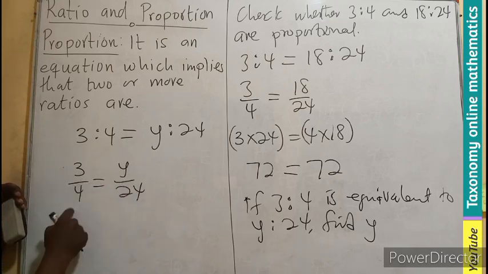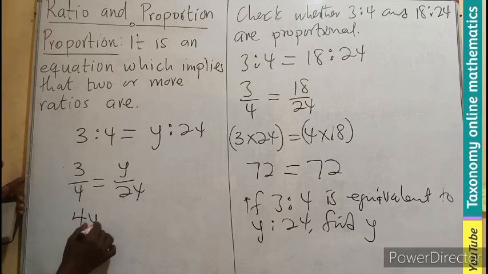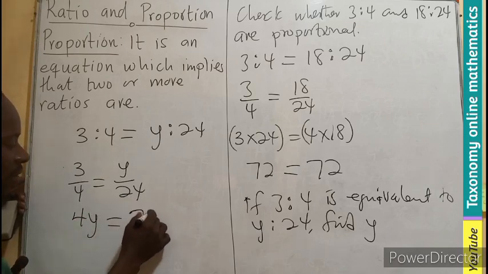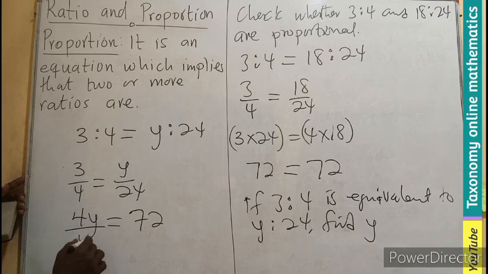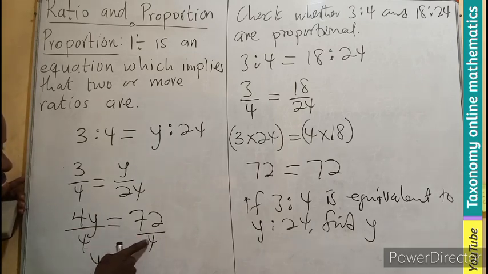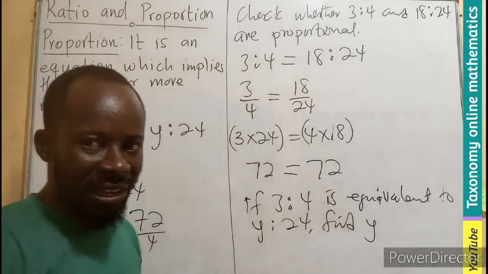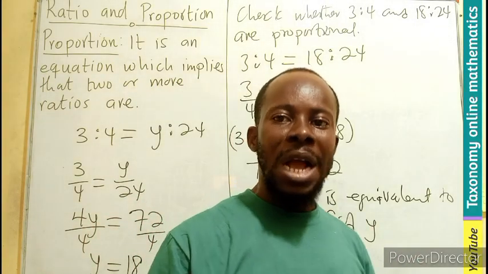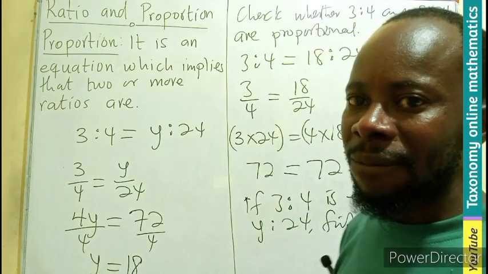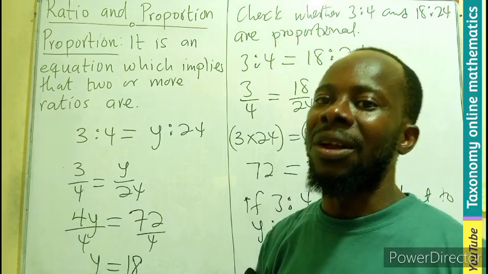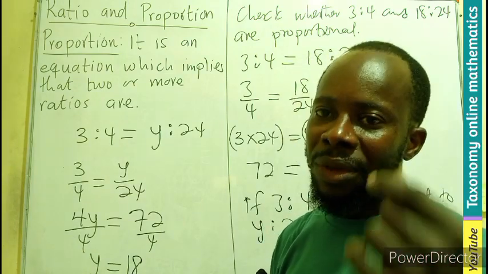Their cross product: 4 times Y, 4Y, equals 3 times 24, 72. If I divide by 4, Y will be equal to 18. So we can have a variable which we are asked to find. It could involve any other expression. As long as they are proportional, their cross product will always be equal.